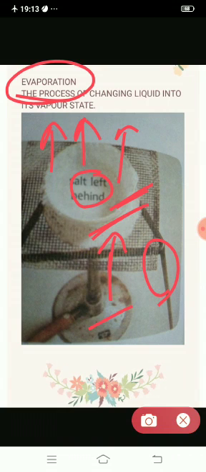So we can separate the solute from the solution. So these are all the processes by which we can separate the dissolved solute from the liquid, or the insoluble solid from the liquid.